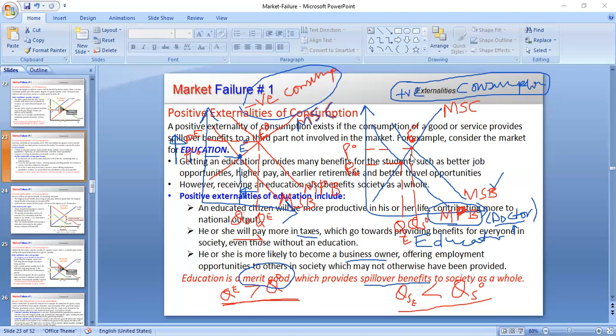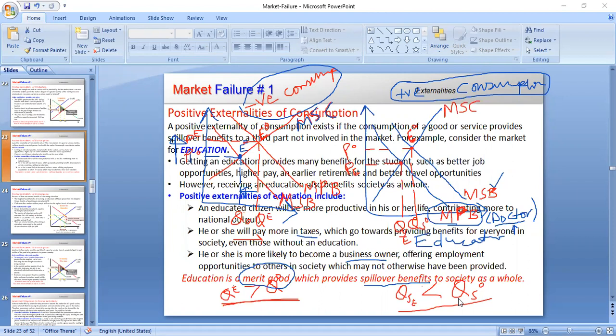So that is benefiting more of the society than you yourself, an individual who educated yourself. So that's why we say the marginal social benefit is greater than the marginal private benefit for positive externality in consumption. And that's one reason why positive externalities are undersupplied in the market, right?